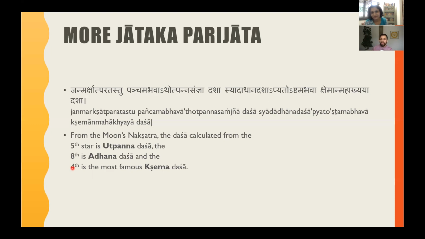And then you will get 4 different dashas, obviously. I'm putting 5 here, but that's because I'm going to show you a 5th one in a minute. So 4 different ways of calculating the same Vimshottari Dasha, the same one, just from different starting points.